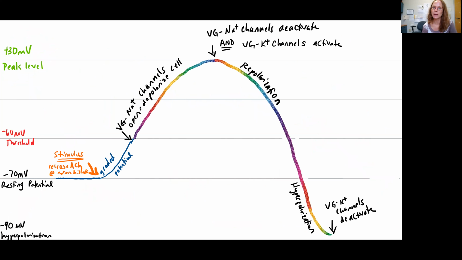Okay, so we dip back down all the way below to a negative 90. Then we're going to see the activities of the sodium-potassium exchange pump, returning us back to normal. So notice we're going from a graded potential to a full depolarization, repolarization, and then hyperpolarization of our action potential.